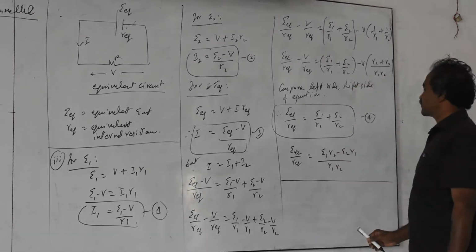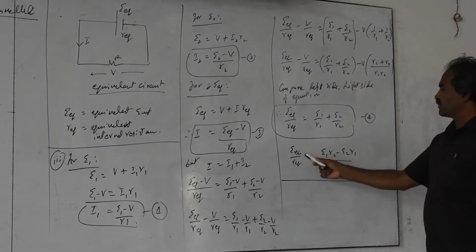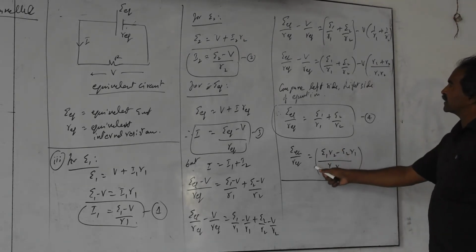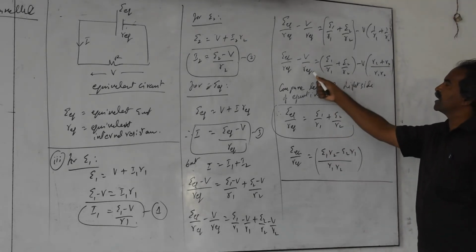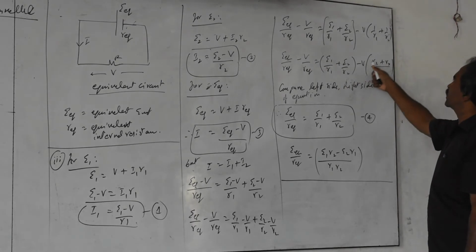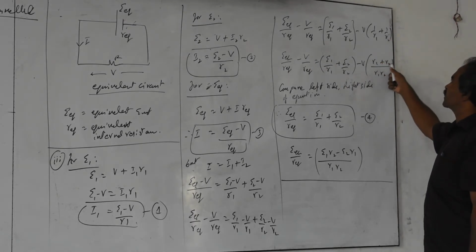Check the condition for E equivalent, which becomes equal to this whole thing into R equivalent. And we have to take care of the second part. V by R equivalent is equal to V into 1 by R equivalent, which is equal to V into this part, R1 plus R2 by R1 R2.